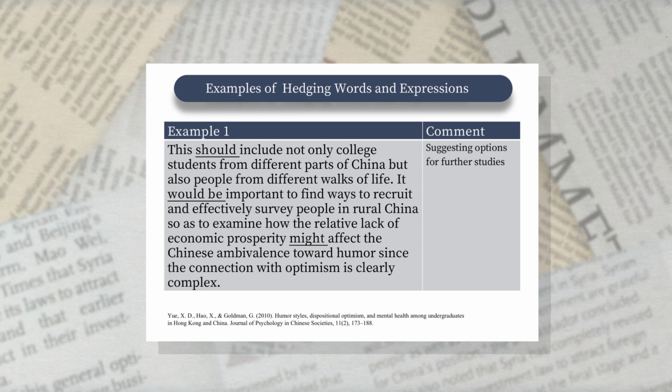Now I'm using sort of doubtful words to mean something that should have been done or needs to be done further, in a more polite or suggestive mode of expression.